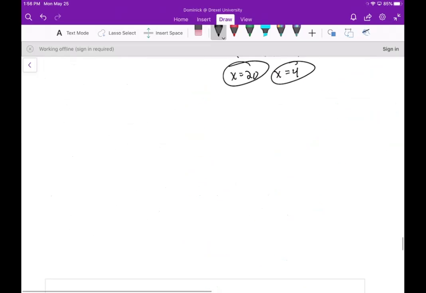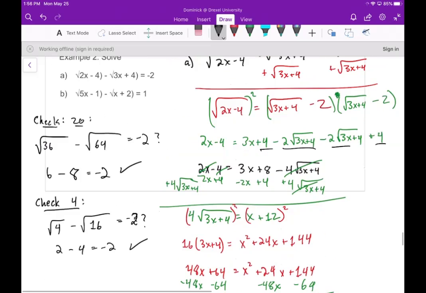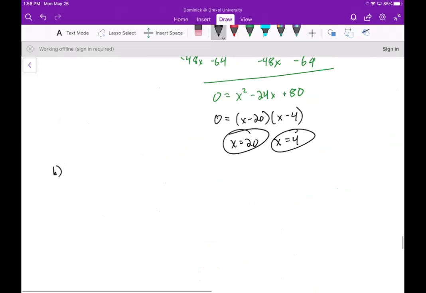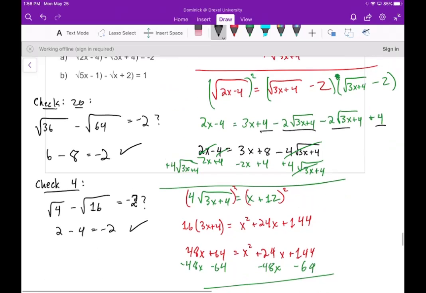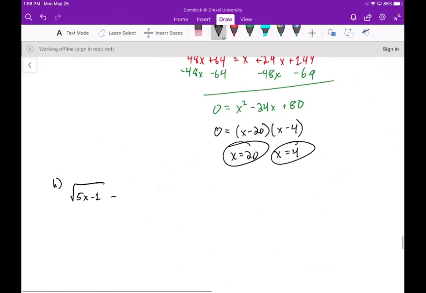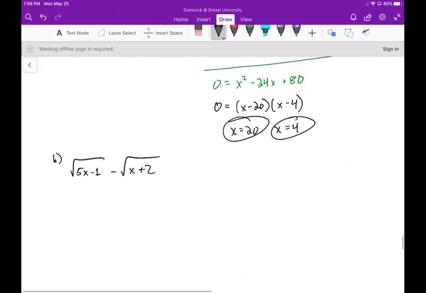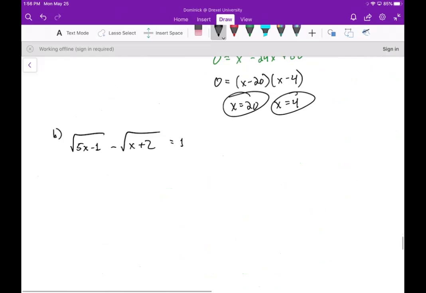Okay, now in part B, we have the square root of 5x minus 1 minus the square root of x plus 2, and that equals positive 1. All right, so let's add one of them over again.